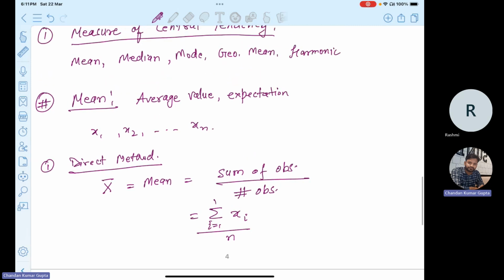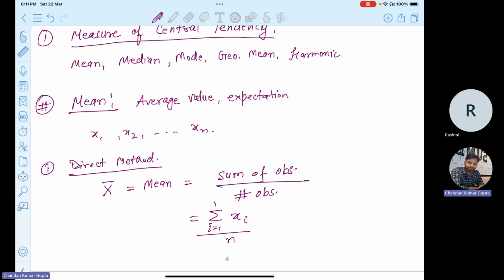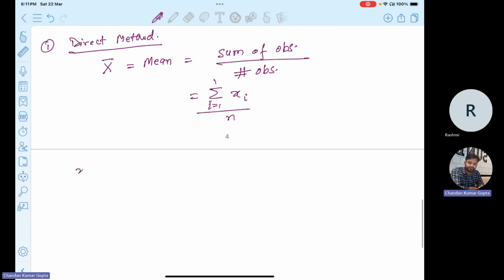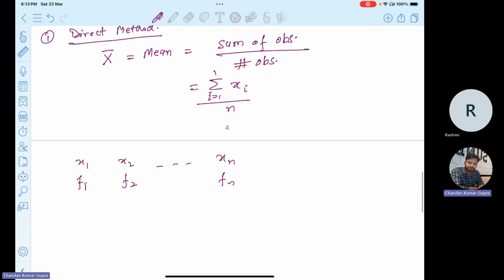Suppose we have a frequency distribution. That means we have the observation values, and together with them we have the frequency, that is, how many times that particular observation occurs. Suppose x1 occurs f1 times, x2 occurs f2 times, and similarly xn occurs fn times.